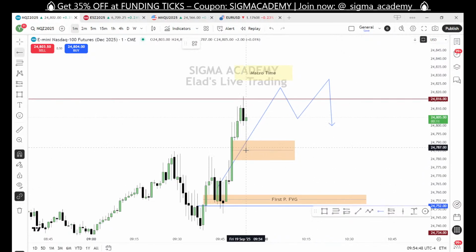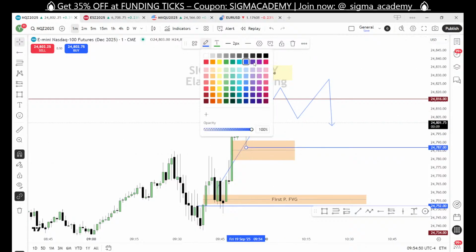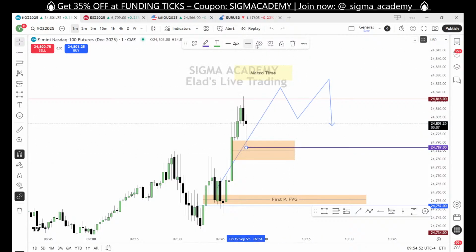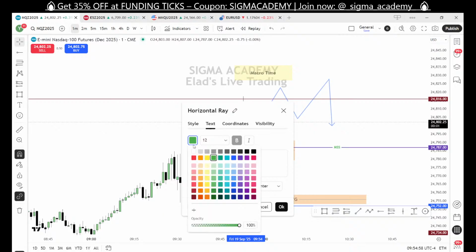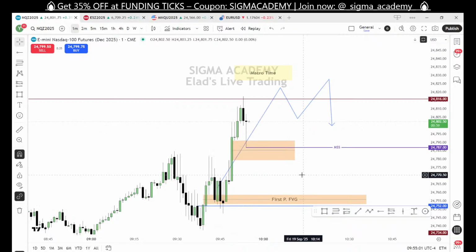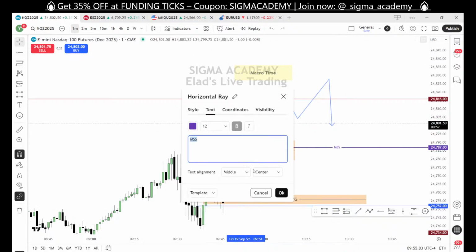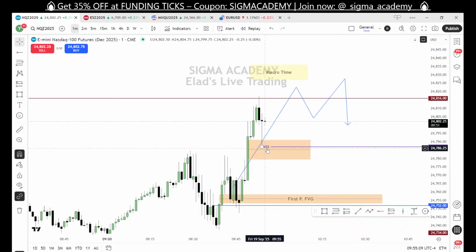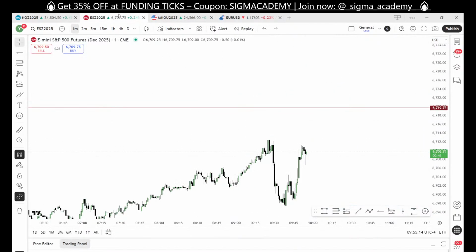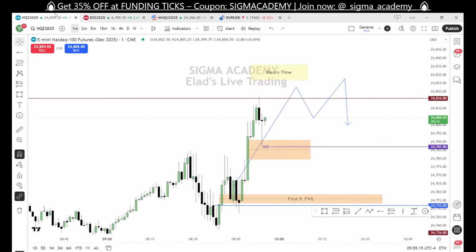This is where we will have MSS. This is the nearest point for an MSS after liquidity is taken out.